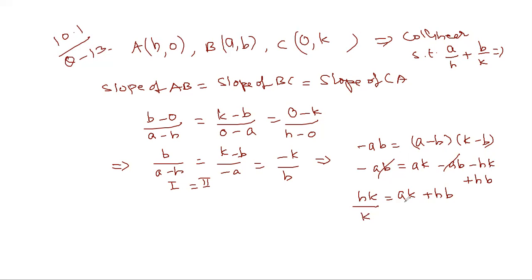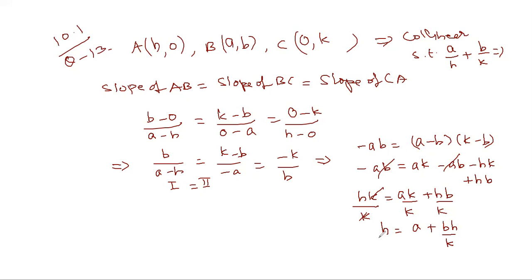Dividing by k, k will cancel. h, here a plus b h upon k.